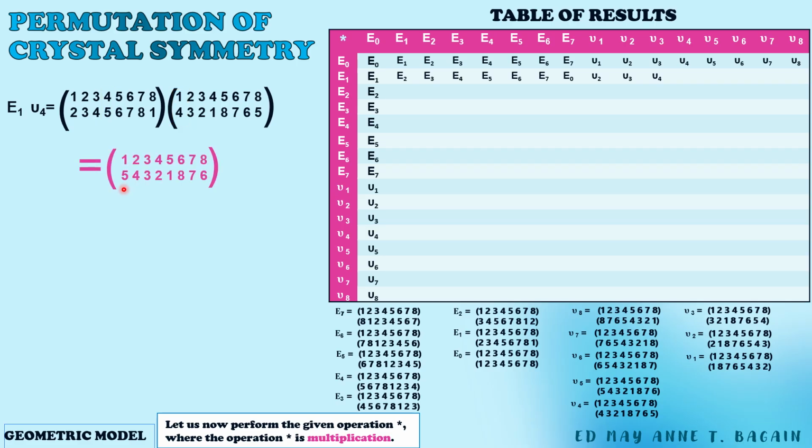And that's it: 5, 4, 3, 2, 1, 8, 7, 6. We're just going from top to bottom, and if we reach the last part, we start again at the start of the numbers. Okay, and this answer would be epsilon sub 5.